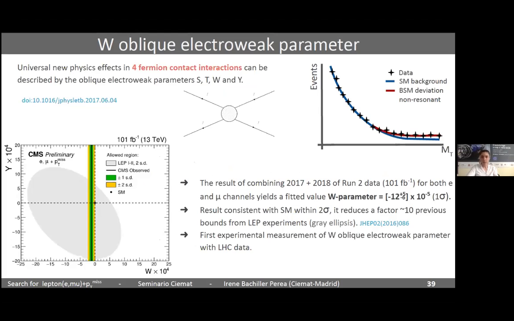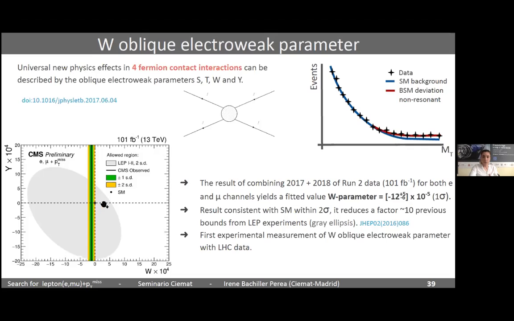This is the result for the W parameter. This plot on the left, we are only sensitive to the W parameter, so in this plane that we have the Y and the W, only a straight band. This is the result combining both channels, found to be -1.2 times 10 to the -5, and is consistent with the standard model, that is the black dot, within 2 sigmas.